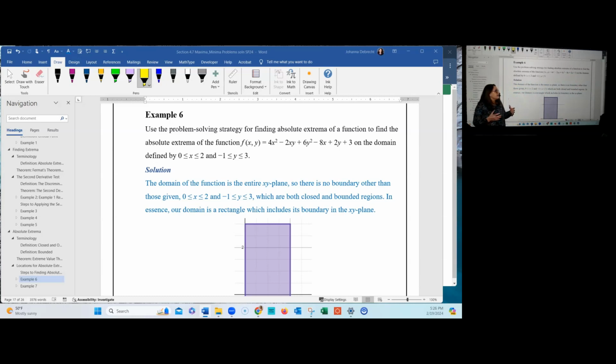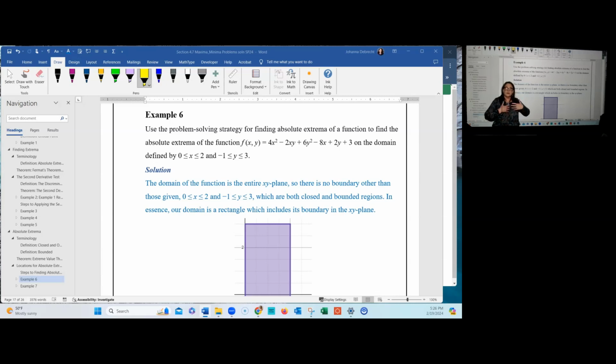However, we want to find the absolute extrema on a restricted domain. The domain of the actual surface is the entire xy plane, all of R2. We want to find the absolute extrema on a very restricted part of that domain. Basically, for x between 0 and 2, including 0 and 2, and y between -1 and 3, including -1 and 3.